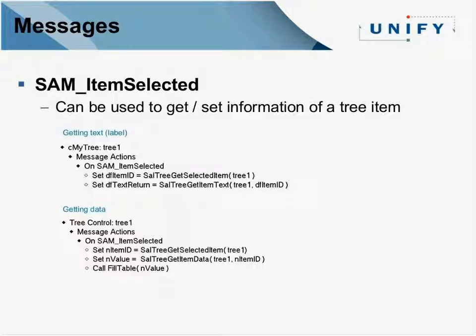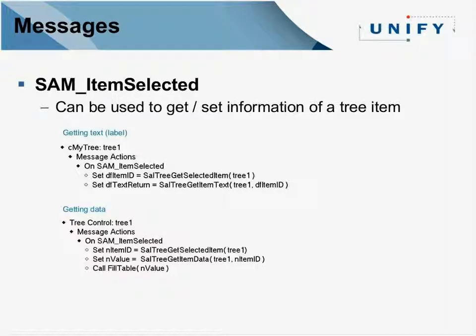In the first snippet you can see I have a tree 1, and I use the message action on some item selected. The first statement gives me the handle of this item which is selected. So the first parameter is tree 1, that means this is the name of my tree control.